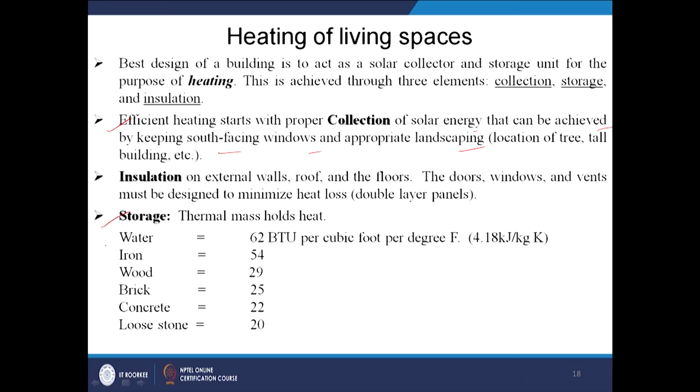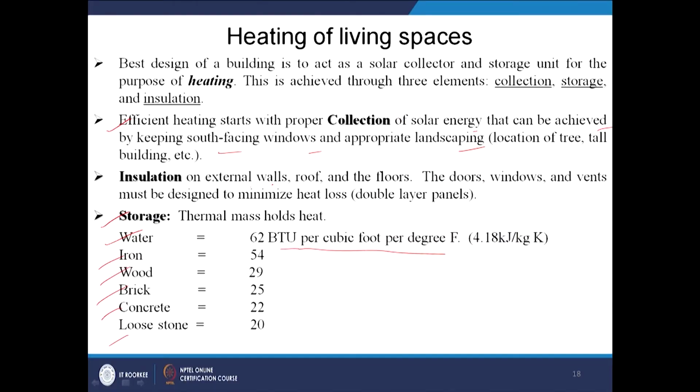Some examples are water, iron, wood, brick, concrete, loose stone, which can store different amounts of energy per cubic feet per degree Fahrenheit; some data are given. And insulation also reduces the loss from the room, so on external walls, roofs and floors we can use insulating materials, so that the building can be a green building in nature.